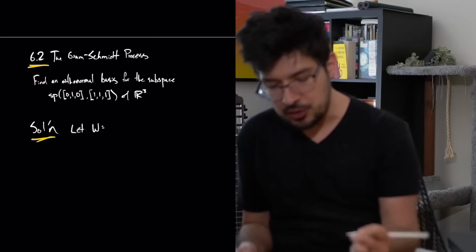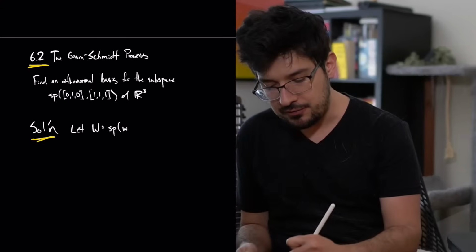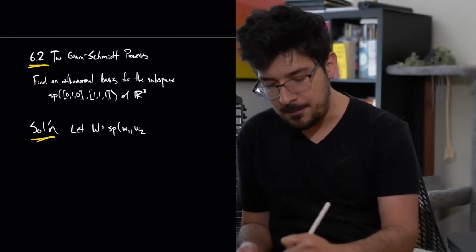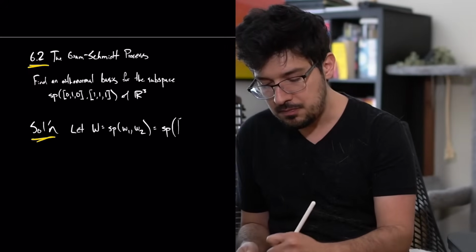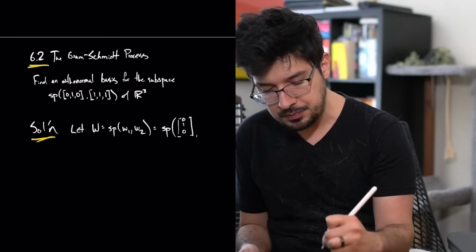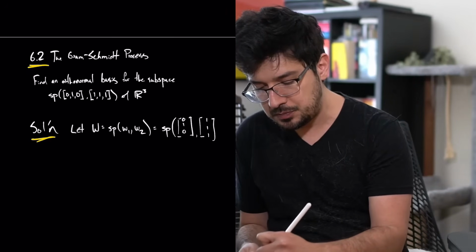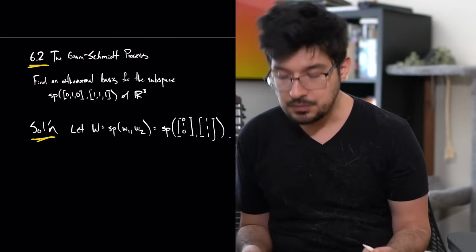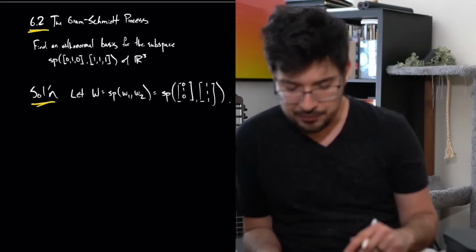Let's let W be the span of W1, W2, 0, 1, 0, 1, 1, 1. So I'm just giving labels for those vectors.